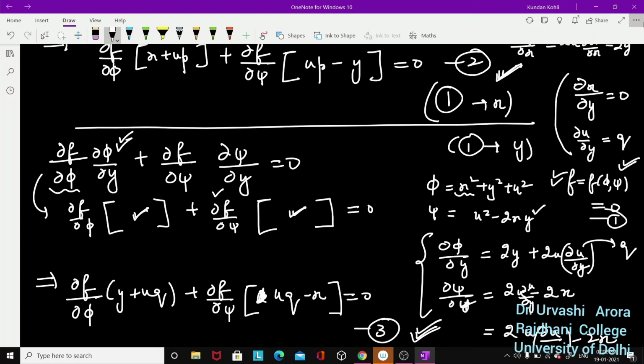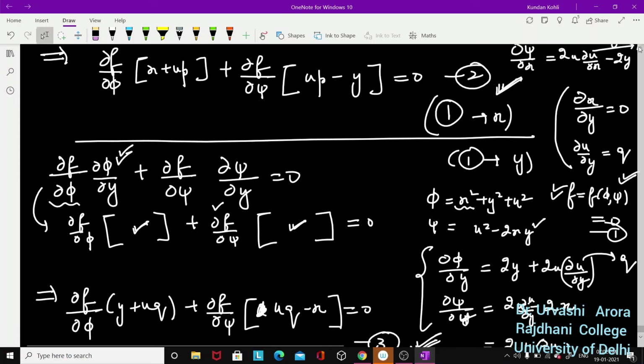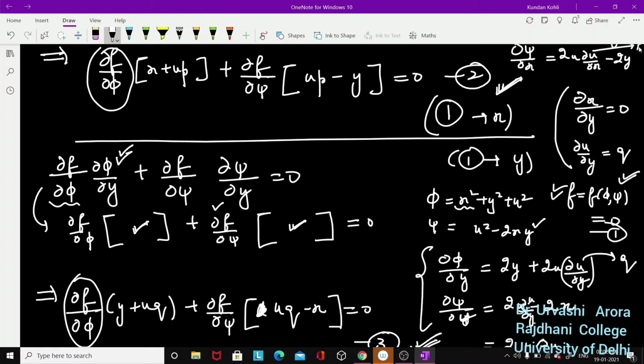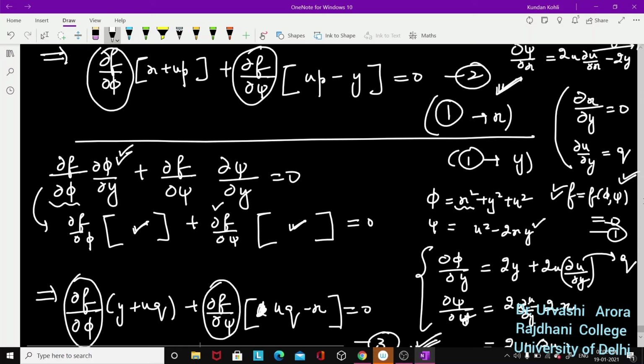What are the two unknowns? They are del f by del phi and del f by del psi. This is one unknown because f is unknown, so del f by del phi is unknown, and del f by del psi is unknown. So from two equations you can easily get rid of the two unknowns.